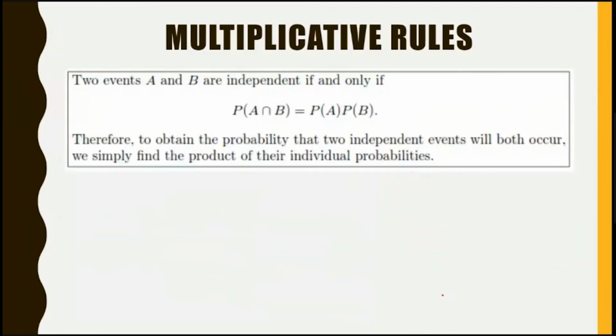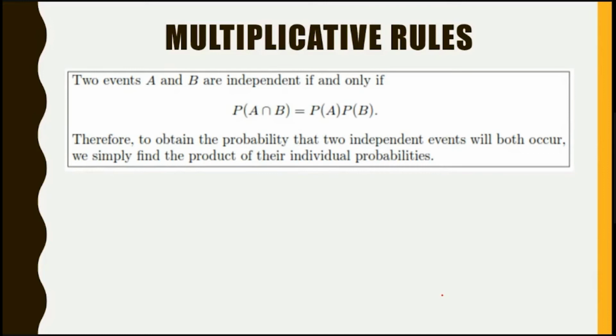Now we also have another definition here, which is actually provided in the checking of the independency of events. If you go back to our previous lecture, we can check if events are independent.